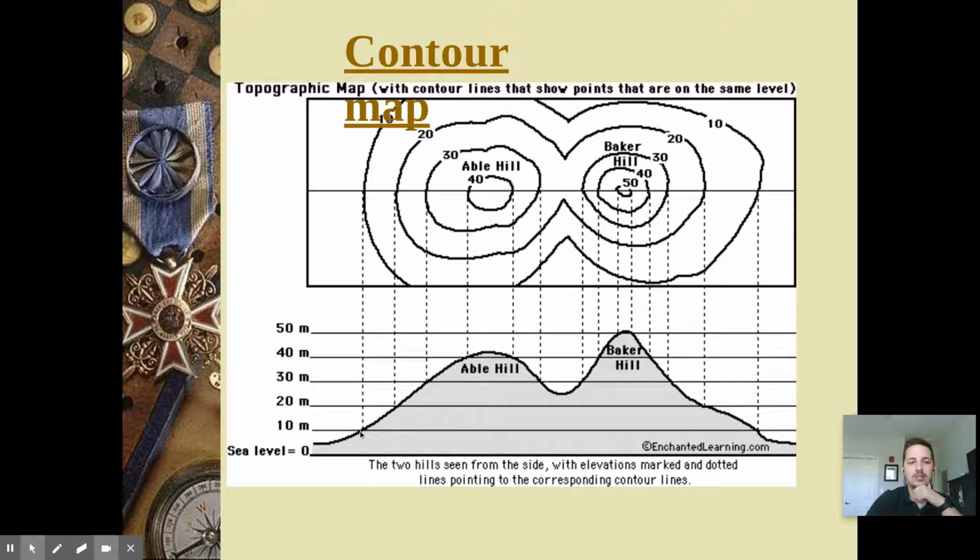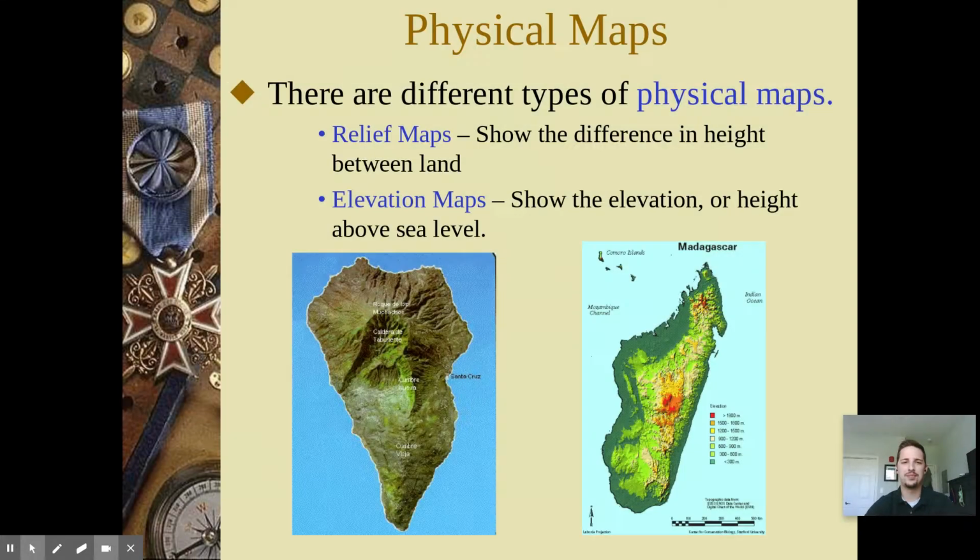That's 10 meters at the bottom up to 40 meters high. This hill's 50 meters high. And that's how that works. It's really neat. It's really cool once you get the hang of looking at it. Contour maps, I think they just look cool. They look kind of old school. So I love contour maps. They're probably some of my favorites.